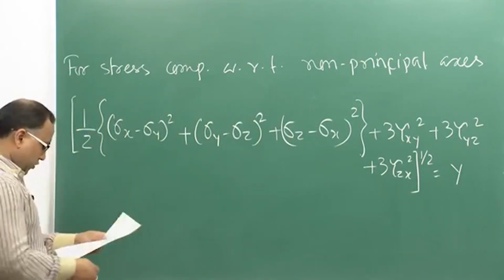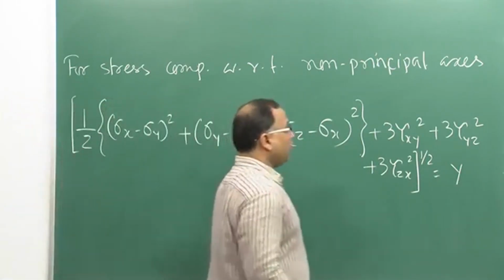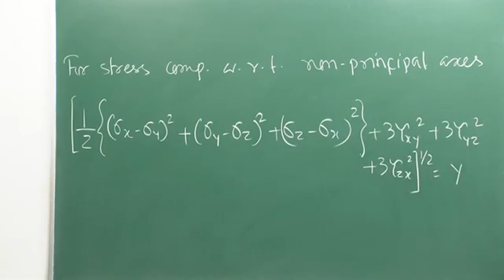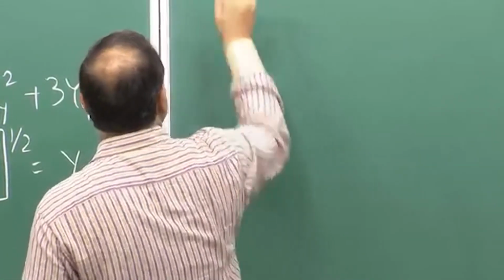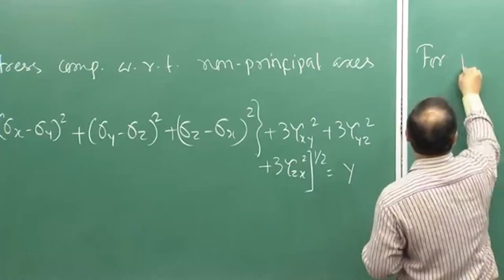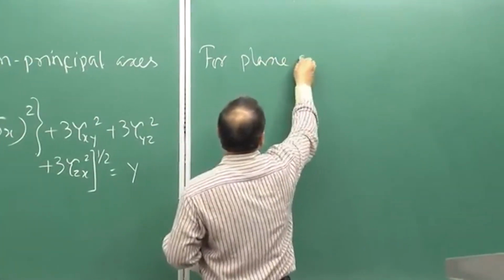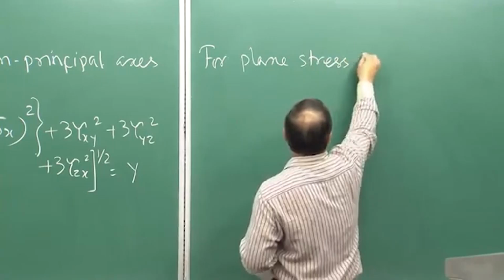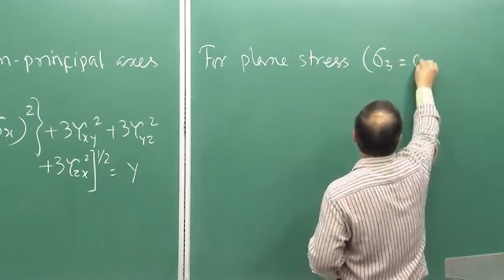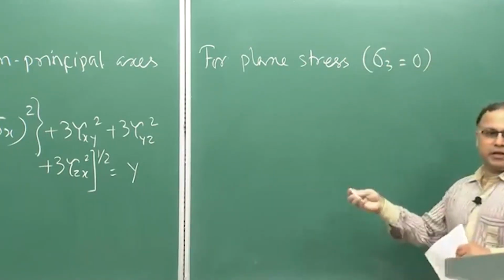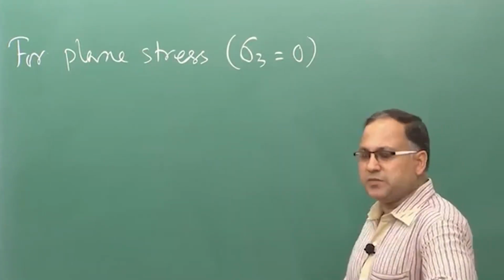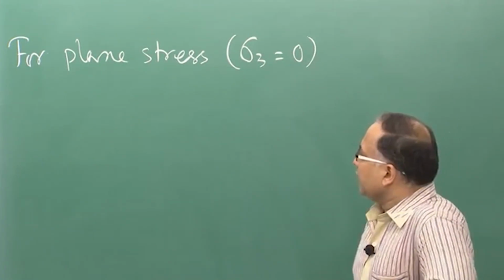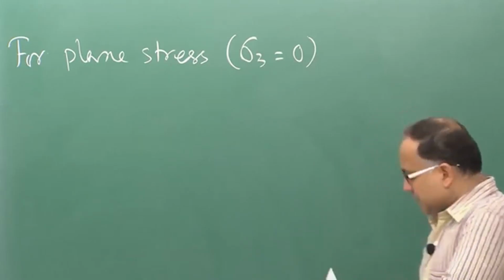Now, whatever we are considering in this particular course, as we have discussed, all the time we are considering the plane stress condition. So, for plane stress, plane stress means your sigma 3 is 0. Again we are going back to our 1, 2, 3 coordinate system, that is the principal axis system. So, for plane stress condition sigma 3 is 0.